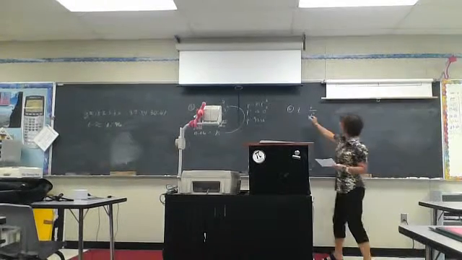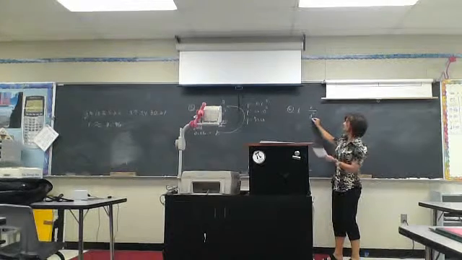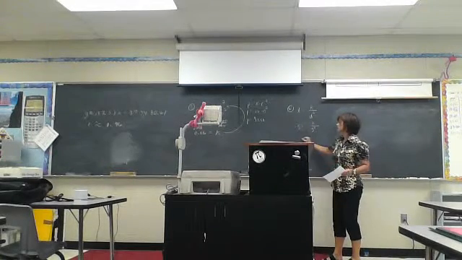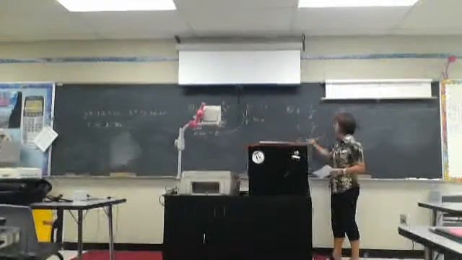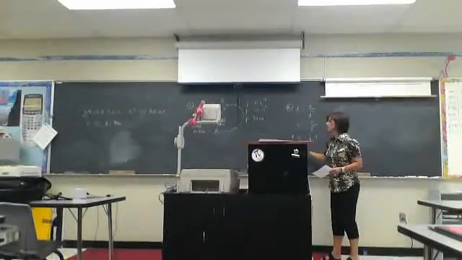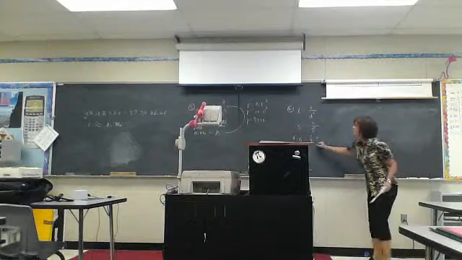If t is 5 when the diameter is 3, we got to square that. Let's go find k. So that's the same as 5 equals k over 9. So by the time I multiply both sides by 9, k is 45.